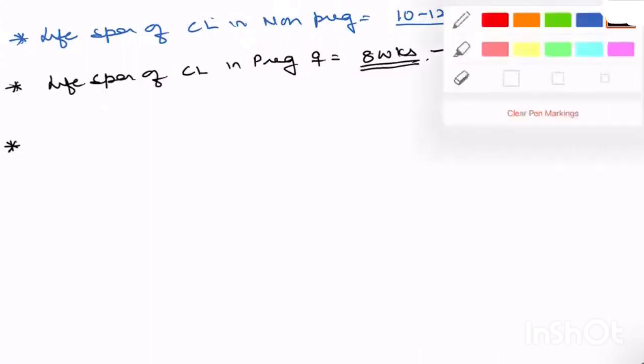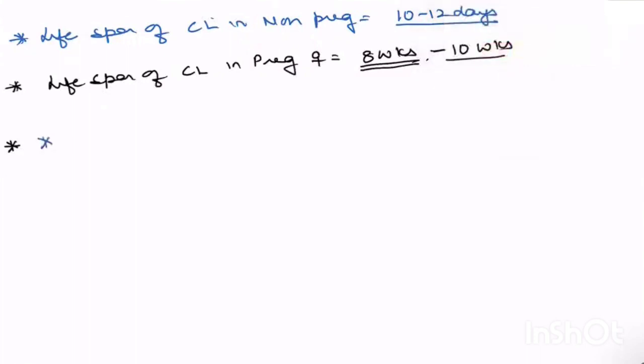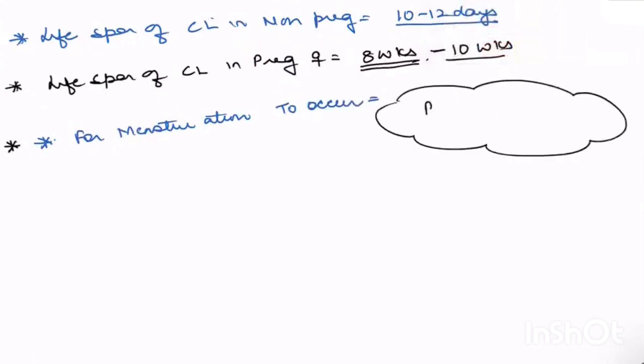So now I want you to write a few important points. First important point: for menstruation to occur, which hormone is needed? Progesterone is needed.